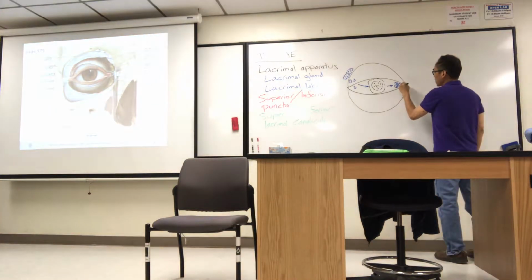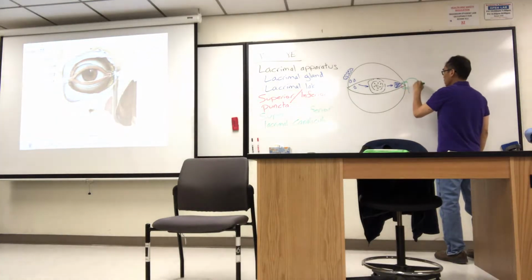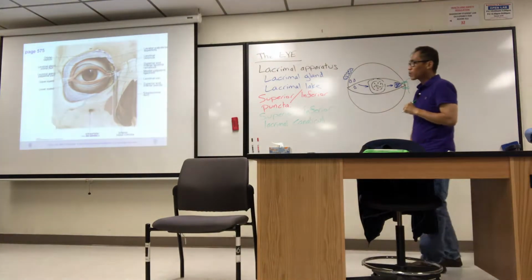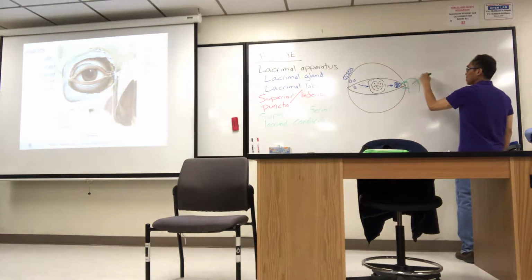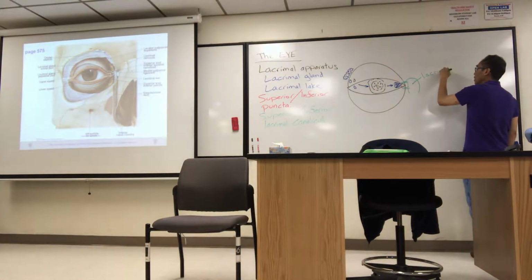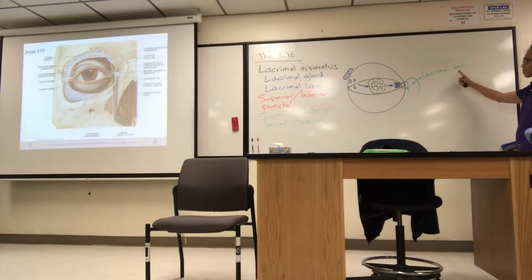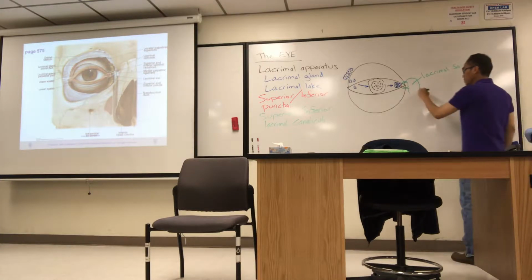So they're going to drain the tears into this dilated sac called the lacrimal sac. Think of the lacrimal sac as the widened, dilated portion of what becomes the nasolacrimal duct.